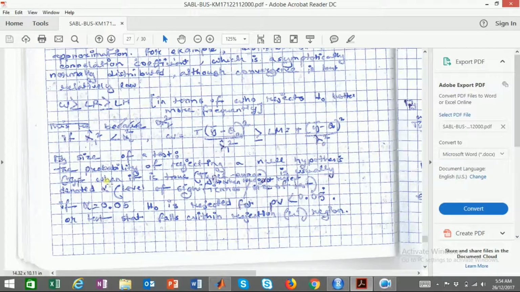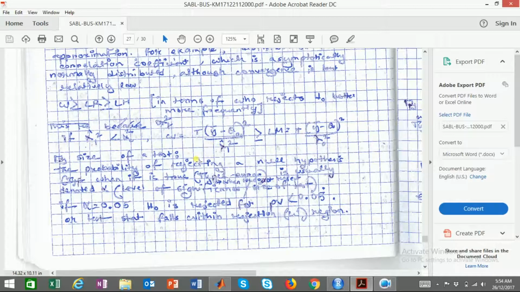Now, the size of a test. The probability of rejecting a null hypothesis when it is true, which is the type 1 error, is usually denoted alpha, the level of significance or size of the test.